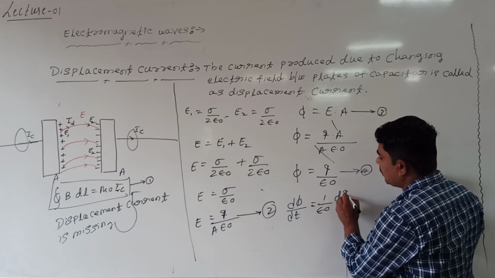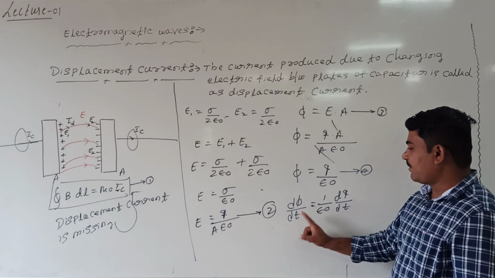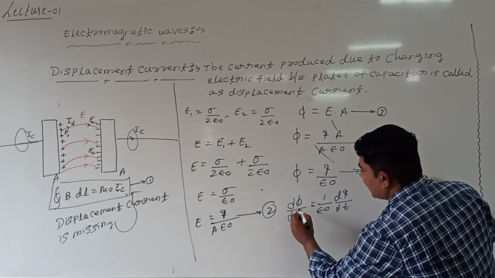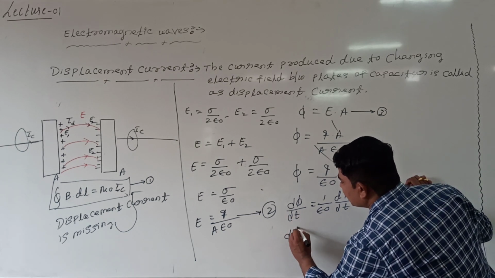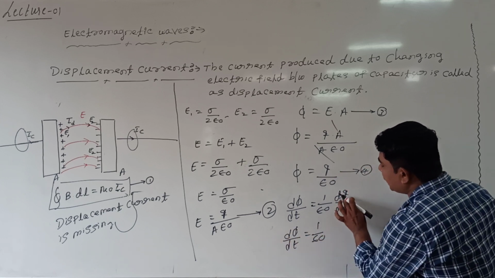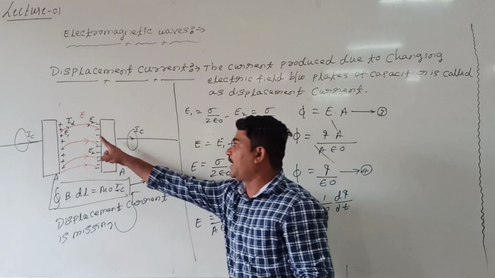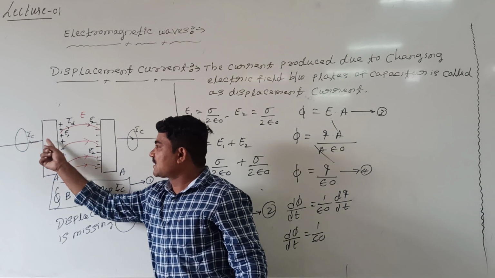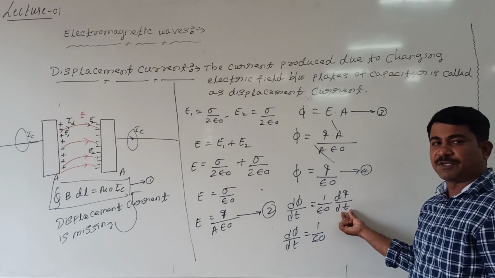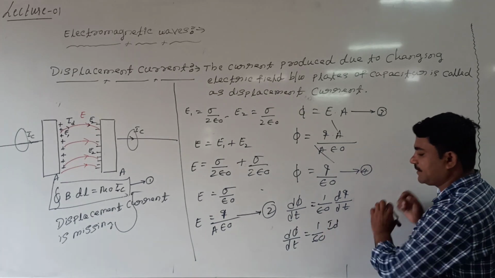Then dq divided by dt. d phi by dt is the rate of change of electric flux, equal to 1 by epsilon naught times dq by dt, the rate of change of charges between the plates of the capacitor. Wherever current flows, with time more charges are deposited. This dq by dt, we are calling displacement current.